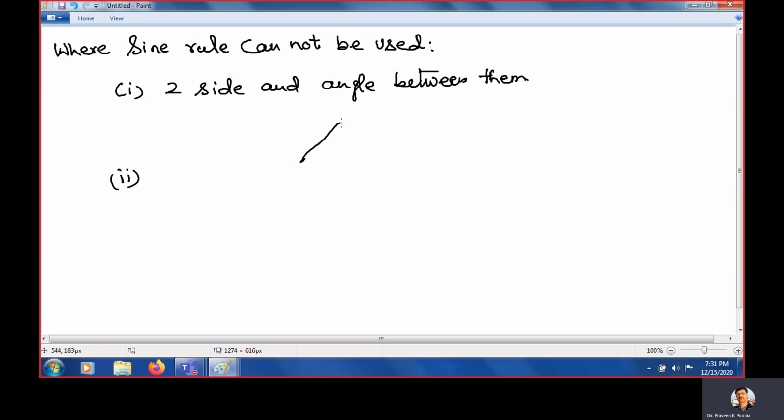So if this is the triangle, this is A, this is B, this is C. If C is equal to 7 given, A is equal to 5 given, and the angle between them is given, we cannot use sine rule. This is aspect number 1.